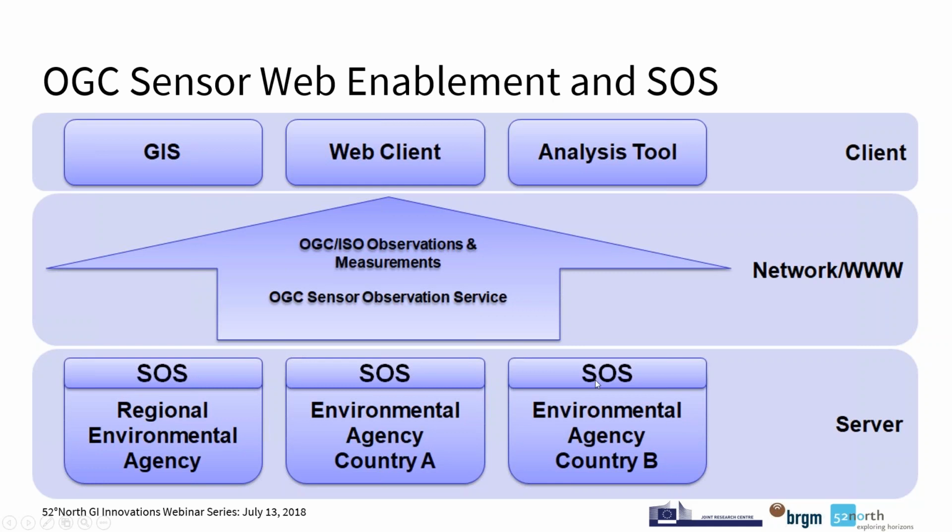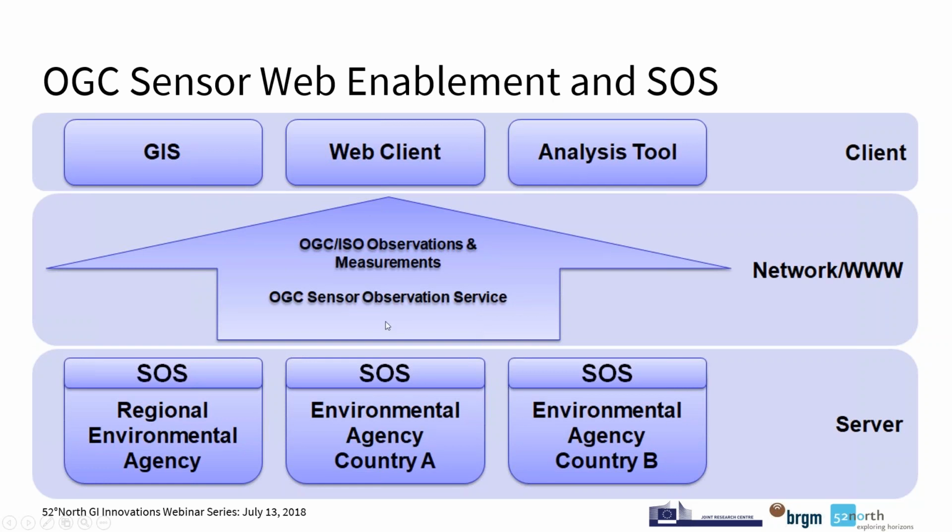So as you can see here, the idea would be that the data providers use a common standard for sharing the observation data. On the other hand, for transmitting the data via a network, they would rely on common encodings for the data, common data models, which would be the OGC and ISO observations and measurement standard. And then the data consumers would just have to talk one language for asking data from different sources in the web.